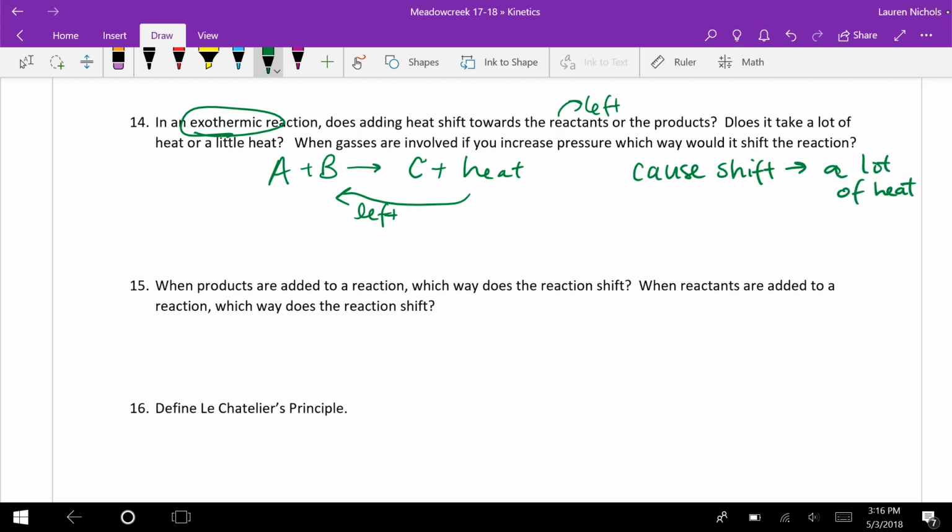Not so much that it never happens, but we know that if it starts to warm up, for example, we did the Le Chatelier lab on Tuesday, when we put the test tube in the hot water bath, it didn't automatically go from blue to green. It had to heat up a little bit more. There was a certain amount of energy required to make it shift.